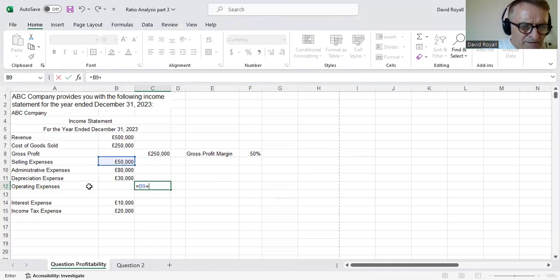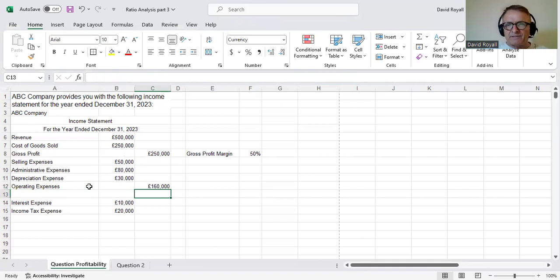The selling expenses, because that's involved in the day-to-day running of the business, plus our administration expenses, and we're going to add into that all the depreciation. Now, of course, in reality, there'll be a whole stack more expenses than this. But if you look at company accounts, they're very clever in their final annual reports at being able to categorize them into various sections.